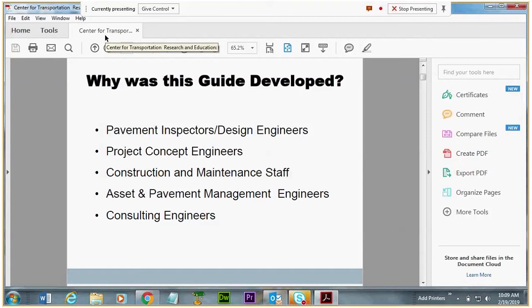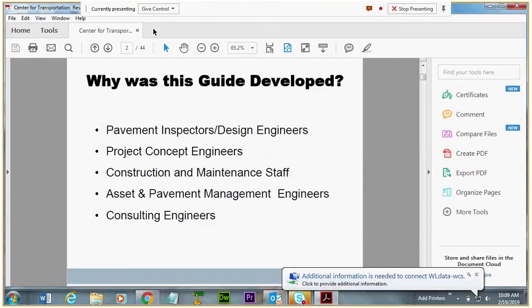It's actually the Concrete Pavement Distress Assessments and Solutions Manual. The whole idea was to develop the guide so inspectors, design engineers, or technicians could go out in the field, or on their phone or computer, and look up a particular pavement distress that they see in concrete pavements and determine relatively quickly what some of those distresses were.